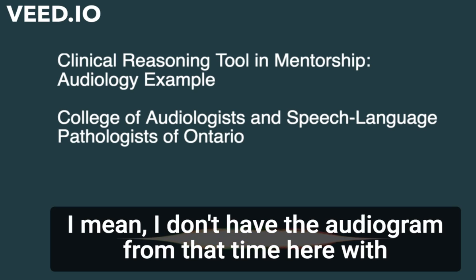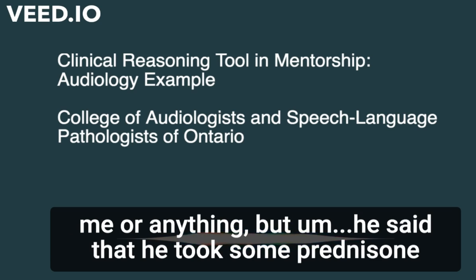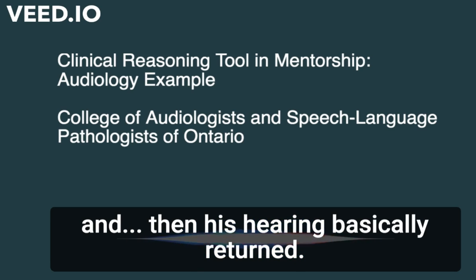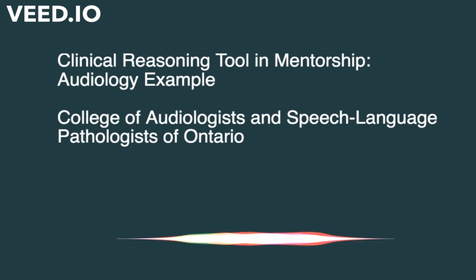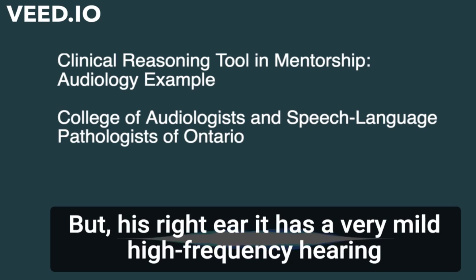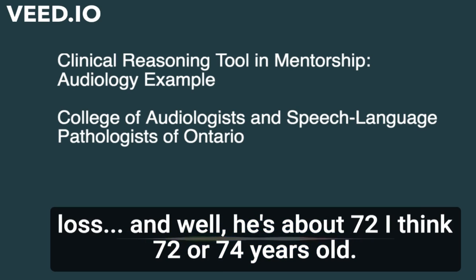I don't have the audiogram from that time here with me, but he said that he took some prednisone and then his hearing basically returned. But his right ear has a very mild high frequency hearing loss.